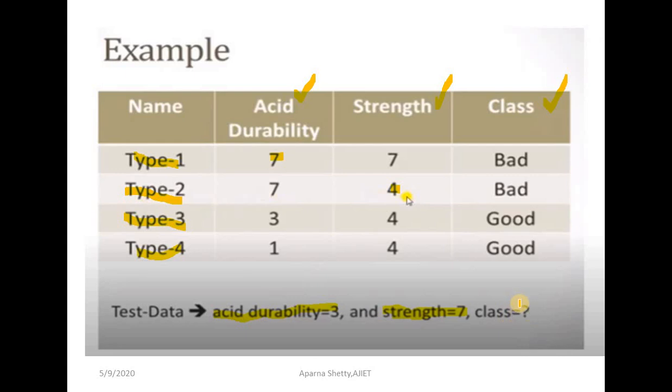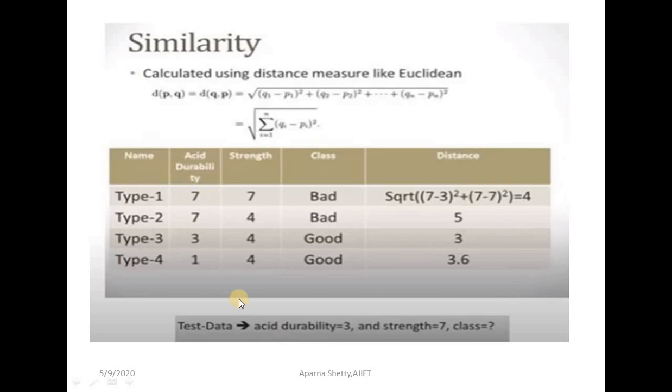You want to classify this record as good or bad. First, we have to calculate the distance between this test data and the training records. To calculate the distance, we will use the Euclidean distance formula: square root of summation (qi minus pi) the whole square.